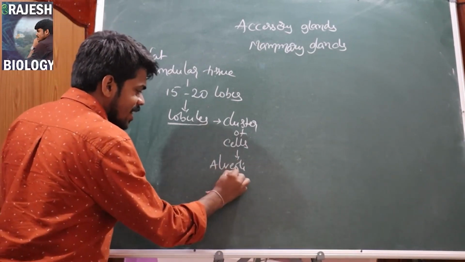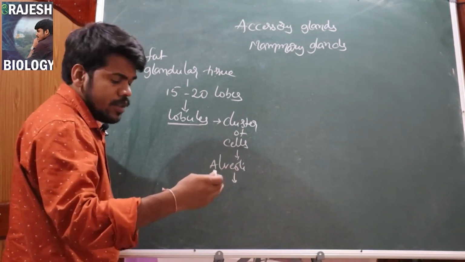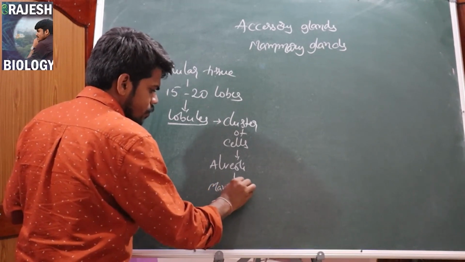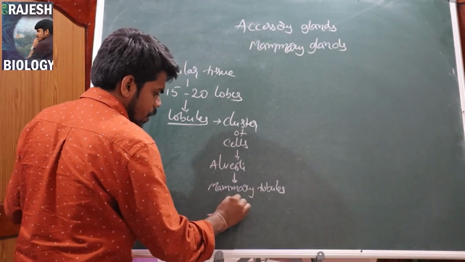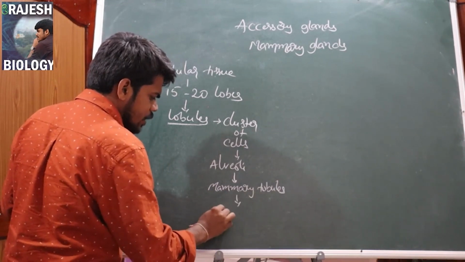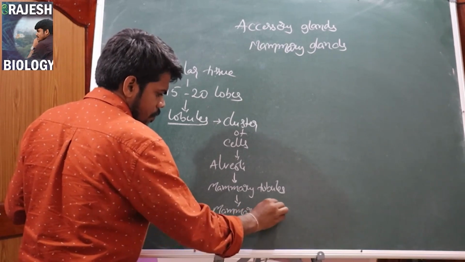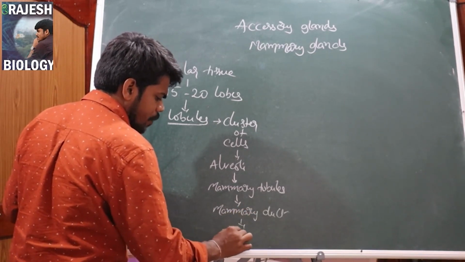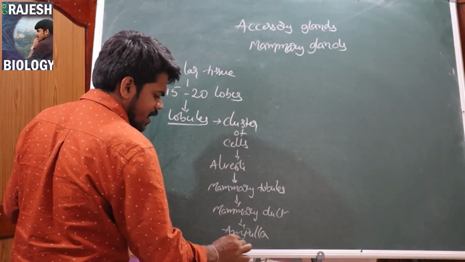Alveolar cells secrete the milk, and that milk is transported through the mammary tubules and mammary duct and ampulla and lactiferous duct.